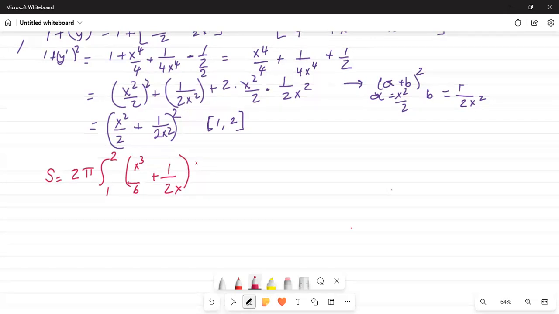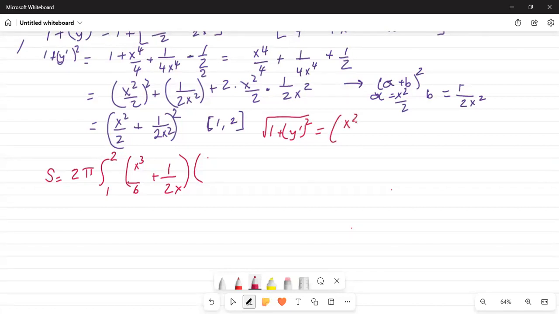The square root of 1 plus y prime squared is equal to x squared over 2 plus 1 over 2x squared, and that's what you are going to plug in here: x squared over 2 plus 1 over 2x squared, and that's dx.